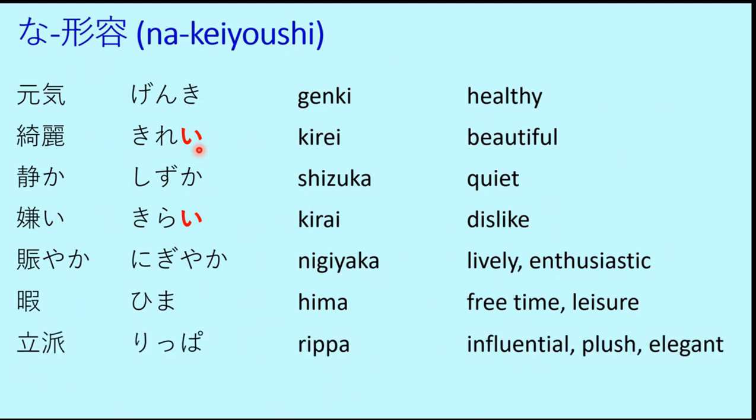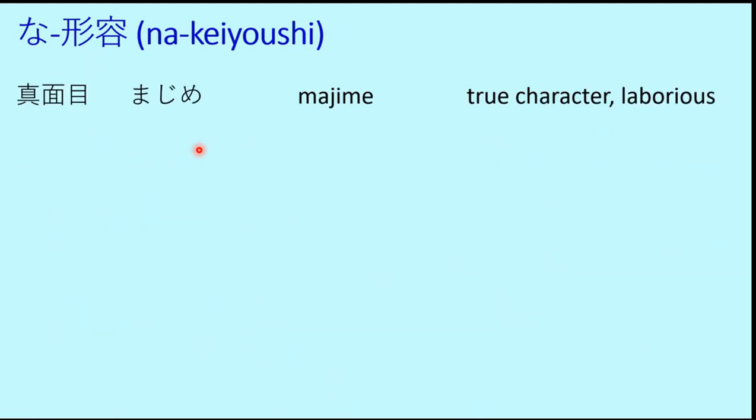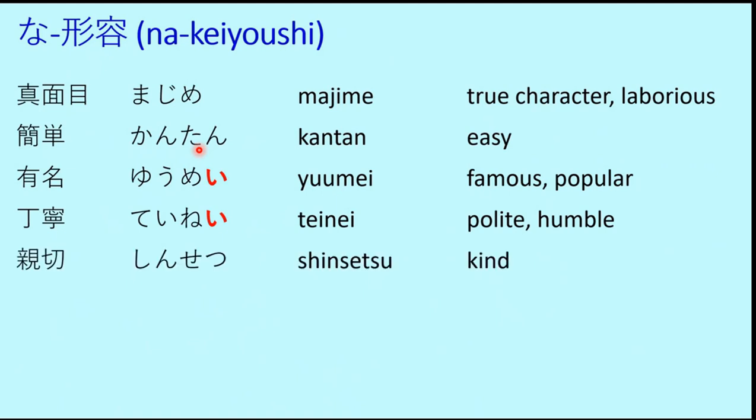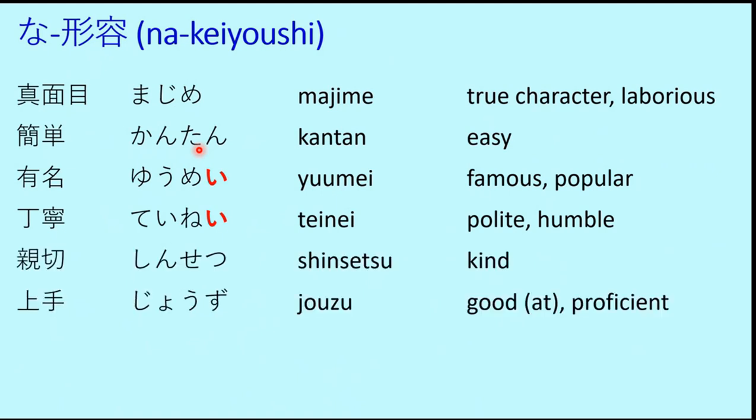Rippa, influential, plush, elegant. Benri, convenience or convenient. Majime, true character, laborious. Kantan, easy. Yumei, famous or popular. Teinei, polite or humble. Shinsetsu, kind. Jozu, good at or proficient in something. Suteki, stylish or nice.